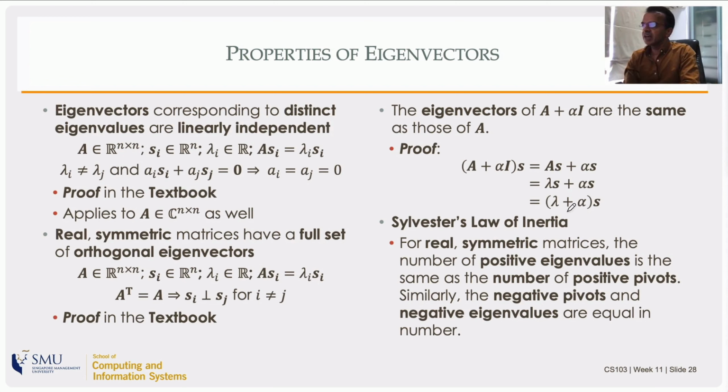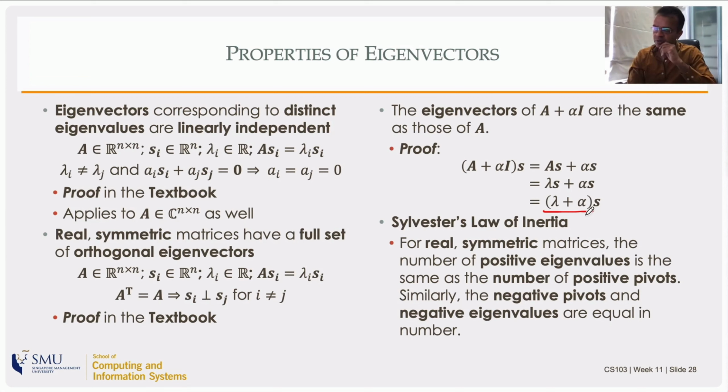Combine that with the fact that you can shift the eigenvalues, then what you can do is take a matrix, find the number of positive and negative pivots, then shift it by a little bit, and see the number of positive and negative pivots again. And that way you can zero in on the eigenvalues, because the moment the number changes, you know that you have crossed the value of one eigenvalue in terms of alpha.